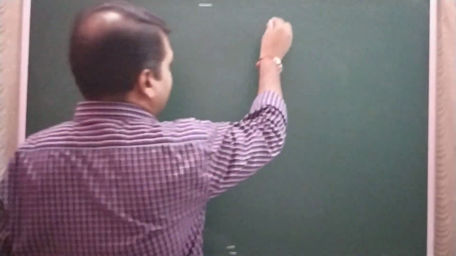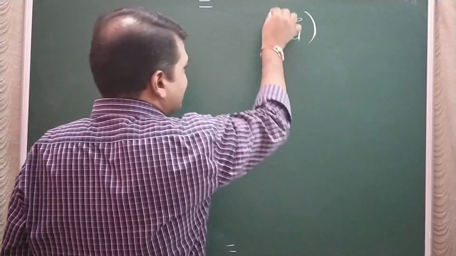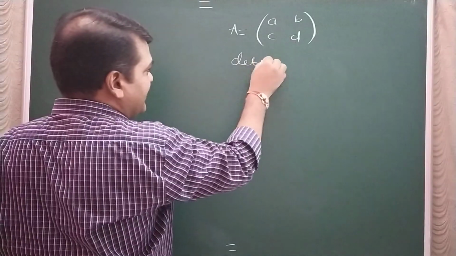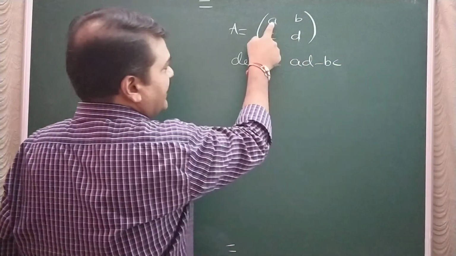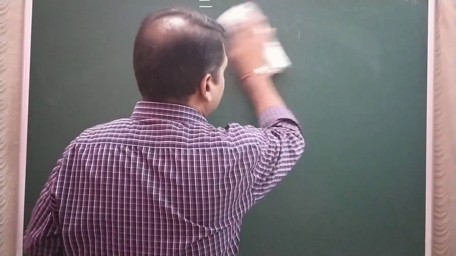For 2 by 2, just remember this formula. If a, b, c, d is given as a matrix, you write det A as ad minus bc. That formula is enough when a 2 cross 2 matrix is given.